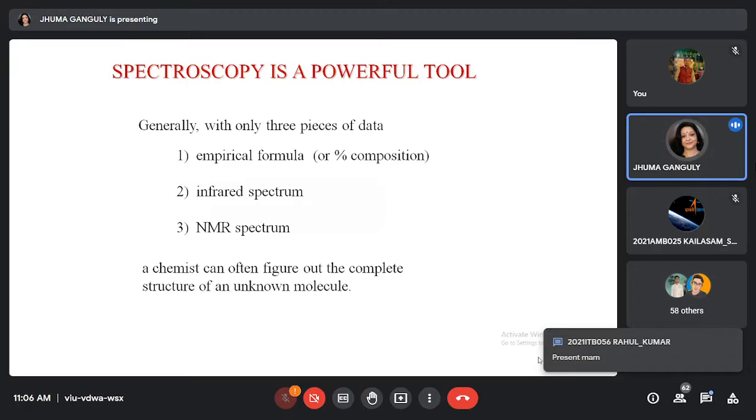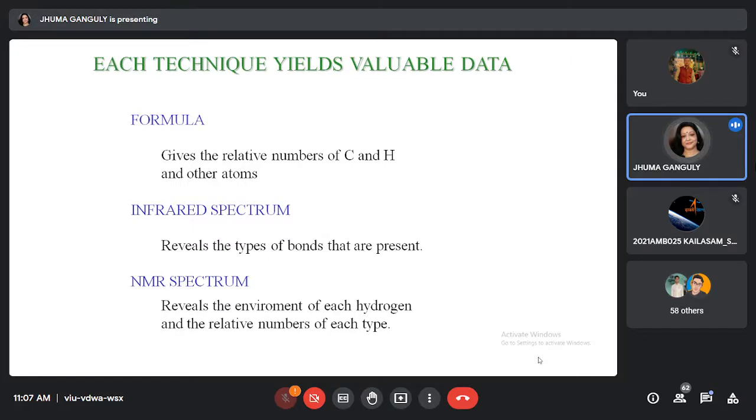Now spectroscopy is a powerful tool. Generally with only three pieces of data, empirical formula or percentage composition, infrared spectra for the functionality, and NMR spectra, a chemist can often figure out the complete structure of an unknown molecule. The formula gives the relative number of carbon, hydrogen and other atoms.